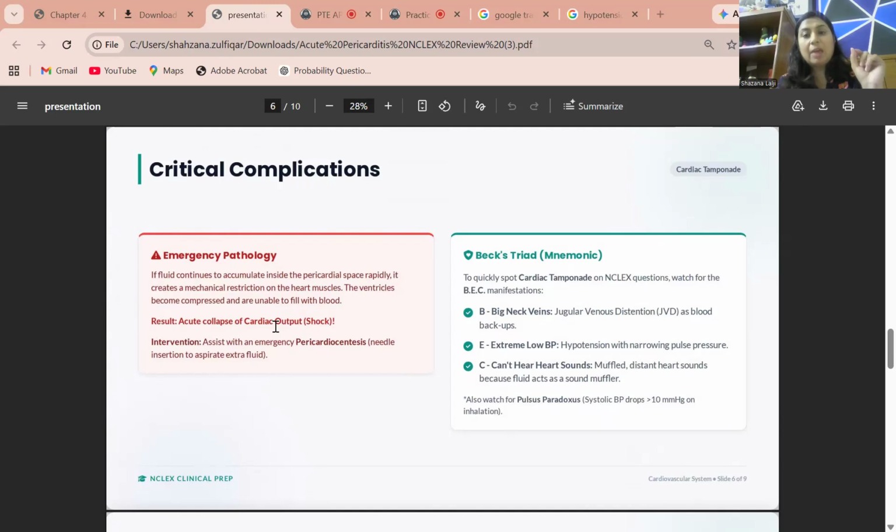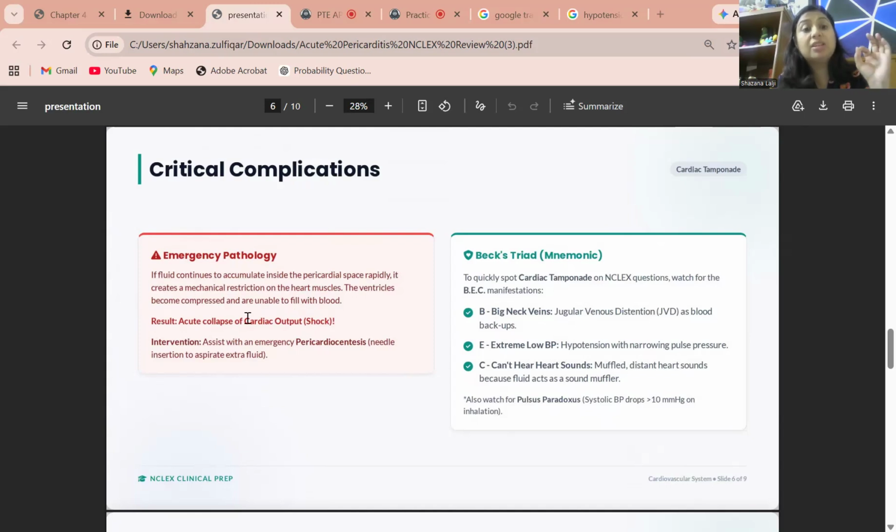Remember this point: it's an emergency condition in which the healthcare professional performs emergency pericardiocentesis at the bedside, because fluid continues to accumulate inside the pericardial space rapidly. It creates a mechanical restriction on the heart muscle. The ventricle becomes compressed and unable to fill with blood.